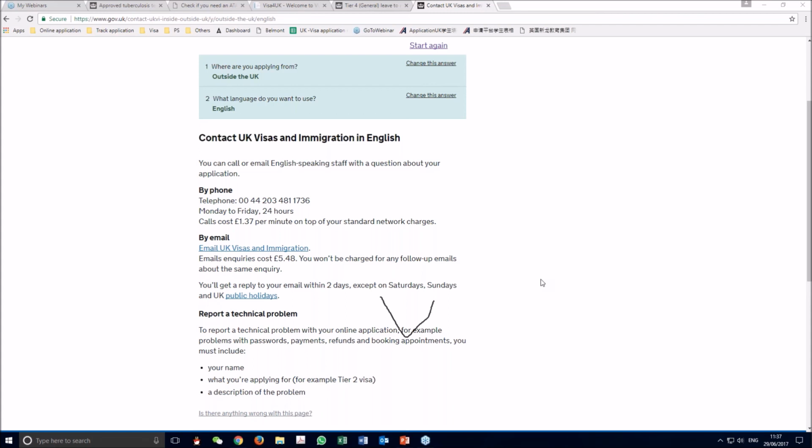There is also an amount difference between spouse and children. I can't remember the exact figures, but we can always find out from the Home Office website. So the maintenance level is lower, but it needs to show the money for the same period as the main applicant.